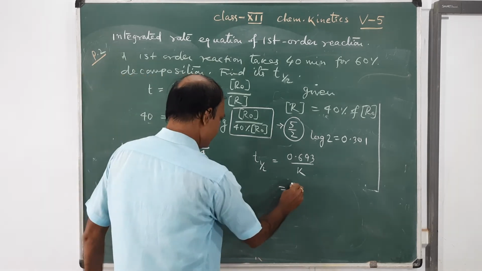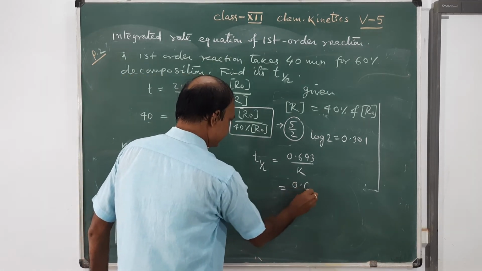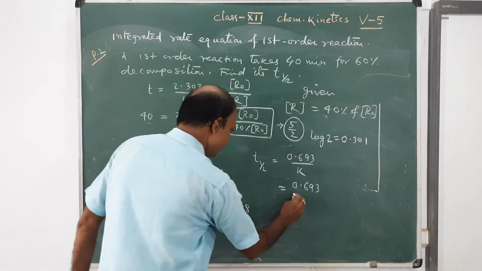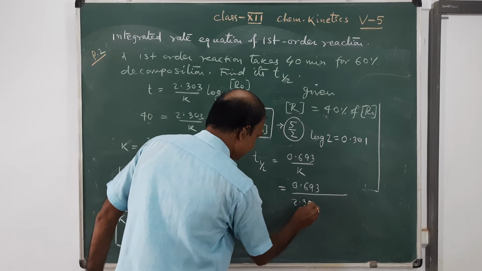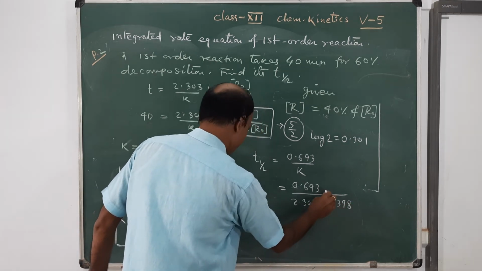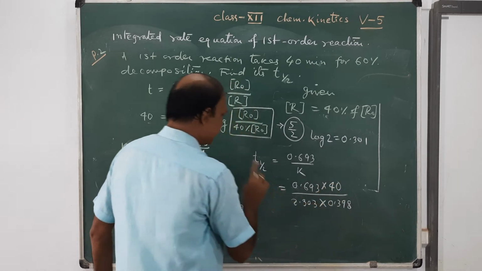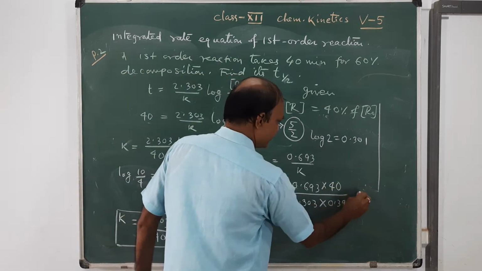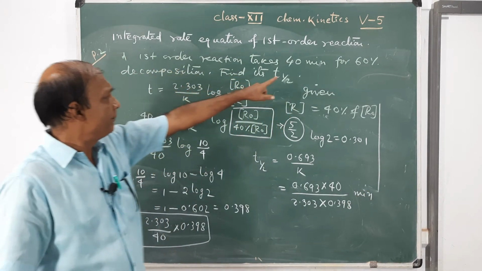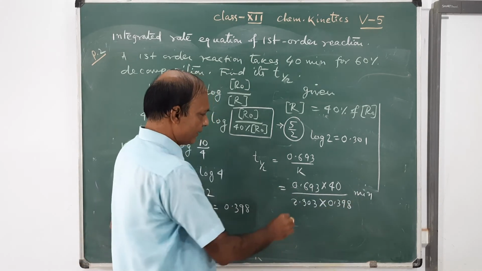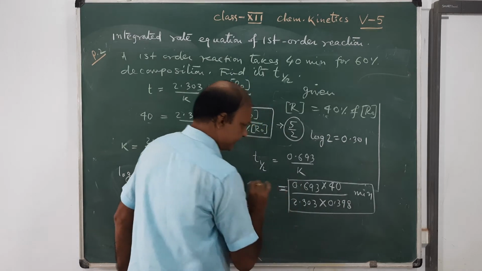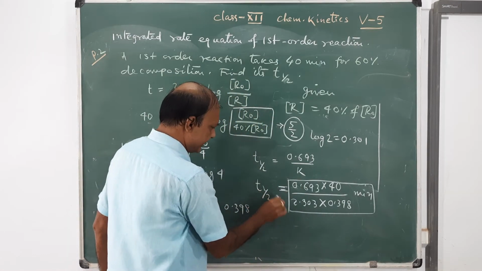T half equals 0.693 by K, that is 0.693 into 40 divided by 2.303 into 0.398. The unit is minute, because the time unit in the question is minute, so T half will be in minutes. You will get the answer if you calculate it. So this is the T half.